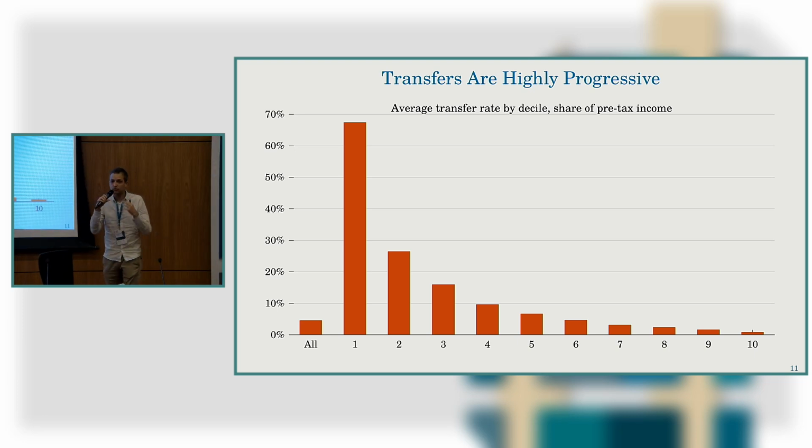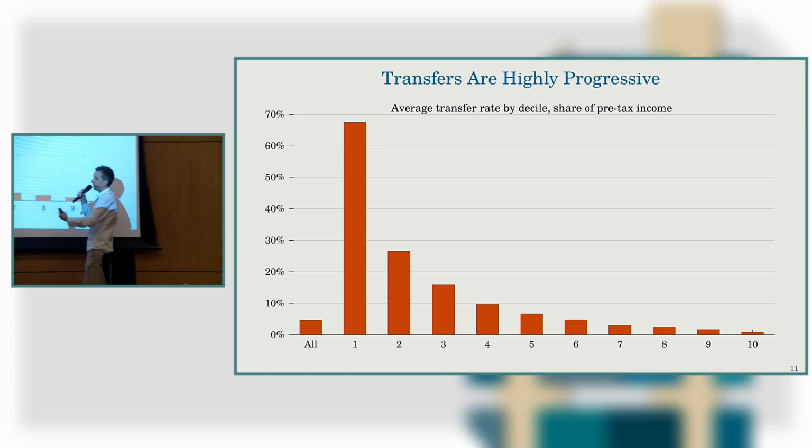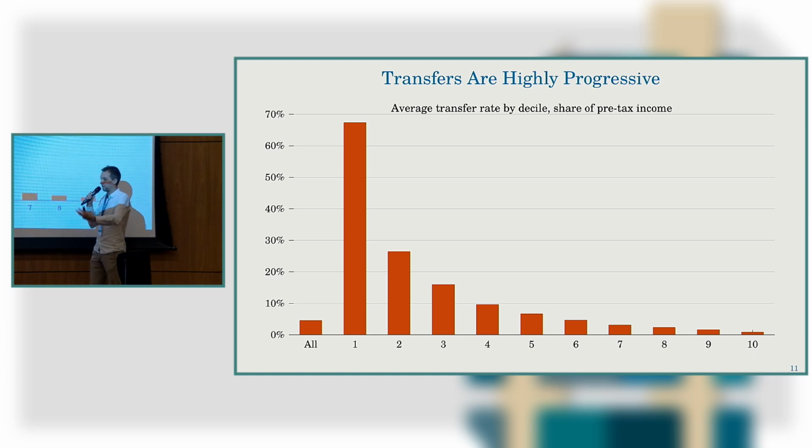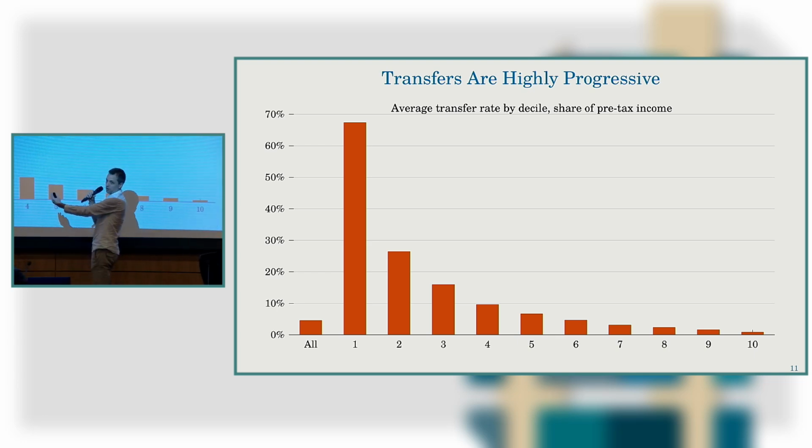So who gets the transfers? These are the deciles of the income distribution. Of course, transfers are Medicaid, unemployment benefits, food stamps, and all sorts of transfers. So they tend to disproportionately favor the poor.